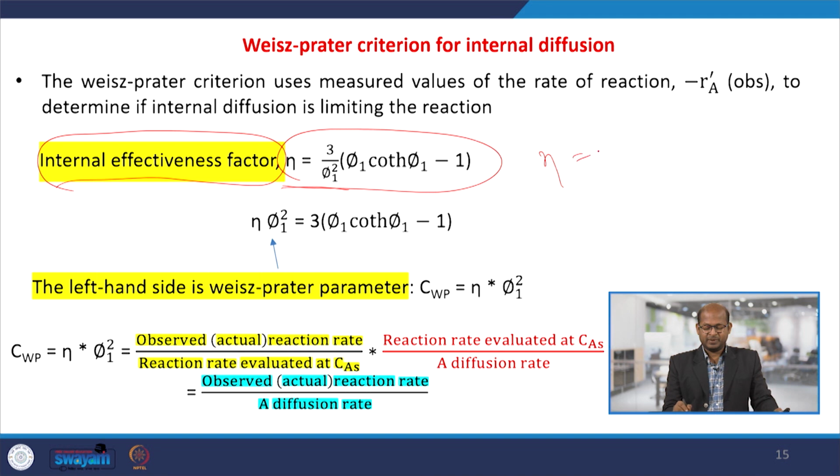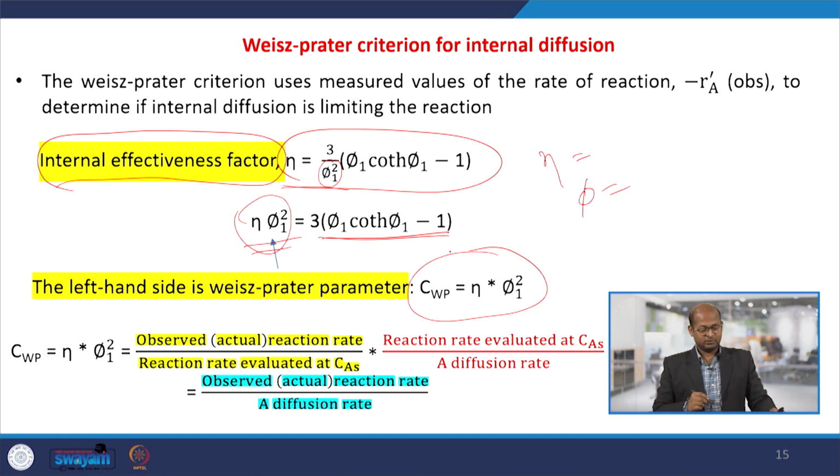Eta is the effectiveness factor and phi is the Thiele modulus for first order reactions. Taking phi 1 squared to the left hand side gives eta times phi 1 squared equals the rest of the terms. This eta phi 1 squared on the left hand side is called the Weisz-Prater parameter, Cw.